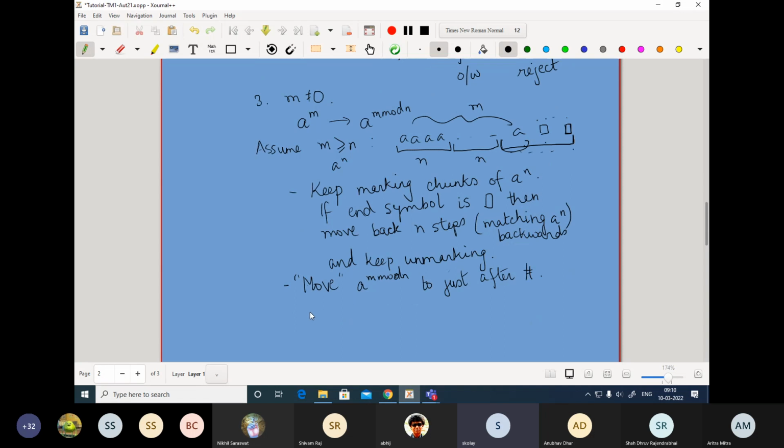So this a to the m mod n at the end, just for safekeeping, you mark differently.